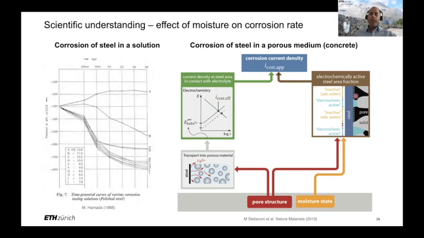The reason is, again, this thin layer of water will be relatively quickly saturated with iron 2. Overall, these two branches of this theory allow us to explain the apparent corrosion current density, which is macroscopically measurable.